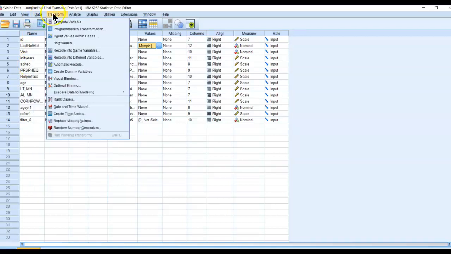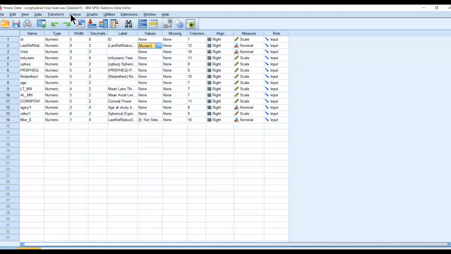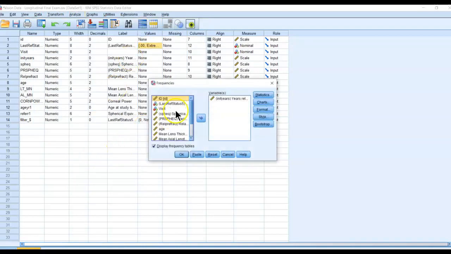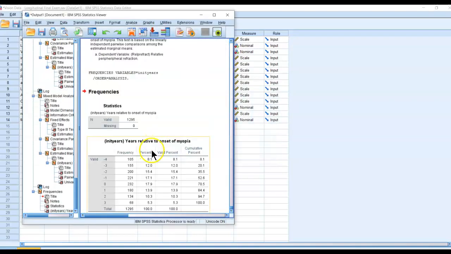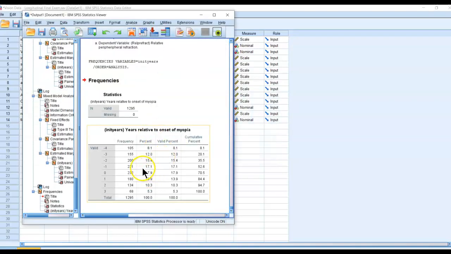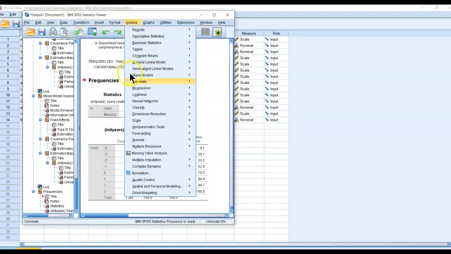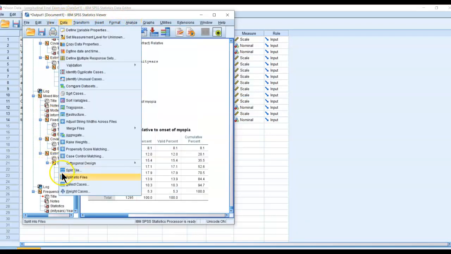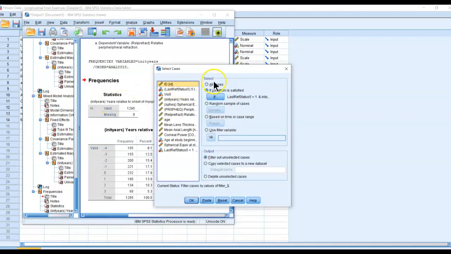So we're going to take a look at descriptives and see how many people we have. We have init years here. Analyze, data, select cases, all cases, okay.